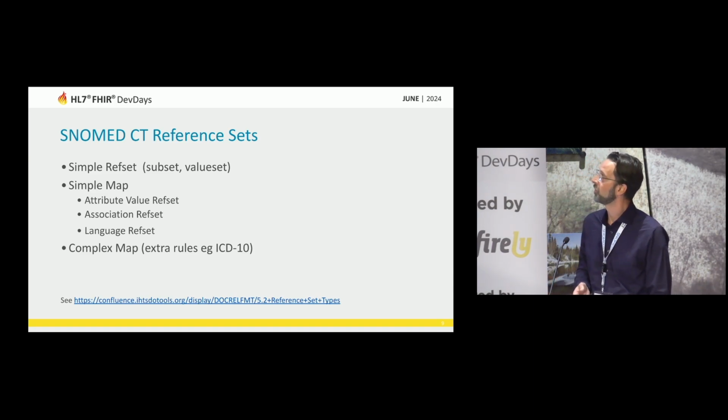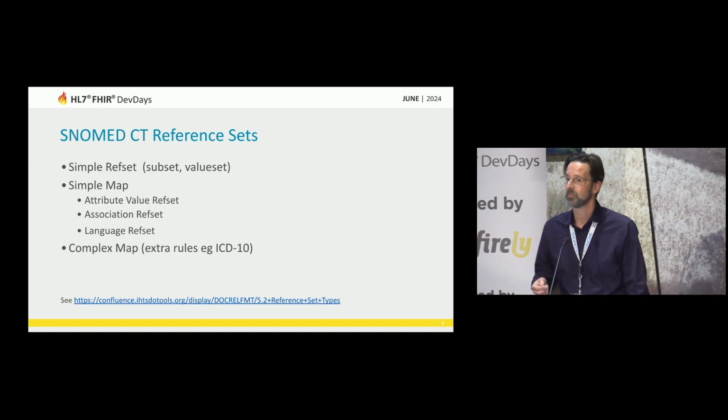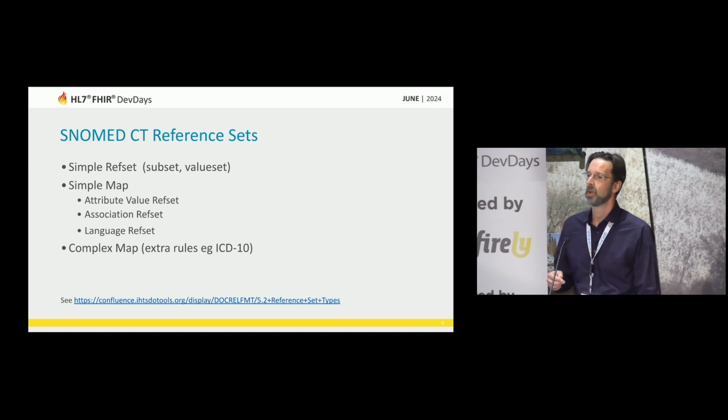Simple maps are used for all sorts of things, most notably in our historic replacement mechanism and for language reference sets. When a simple map won't cut it, then we have complex maps, and those allow us to define extra rules. For example, it might make a difference to the mapping if the patient is female or male, which SNOMED generally wouldn't worry about, but ICD might do.